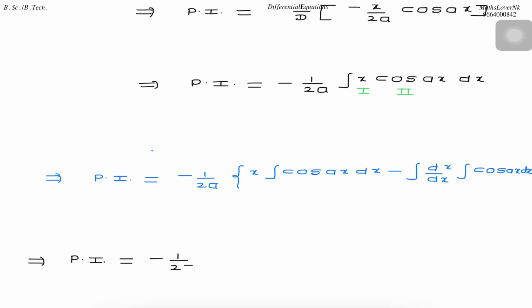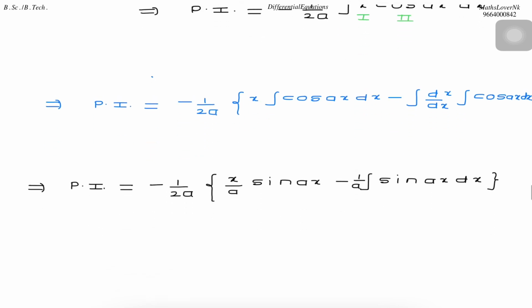The integration of cos ax is sin ax upon a, so it is x upon a sin ax, minus the differentiation of x, which is 1, so it becomes 1 upon a times the integration of sin ax with respect to x.